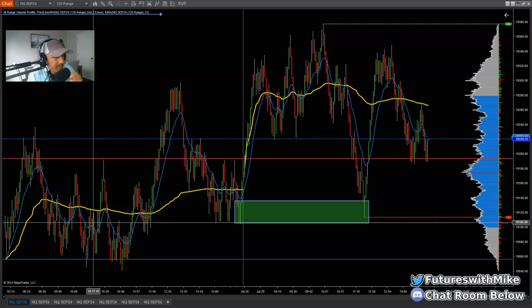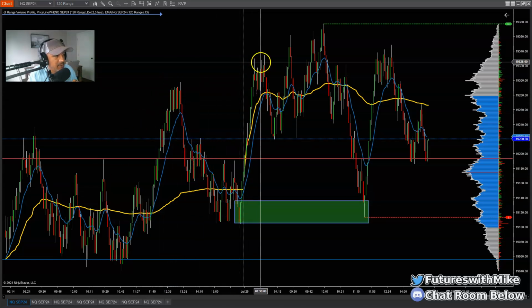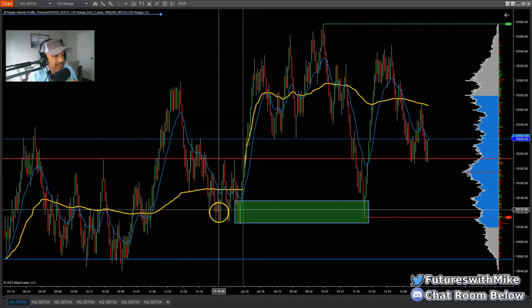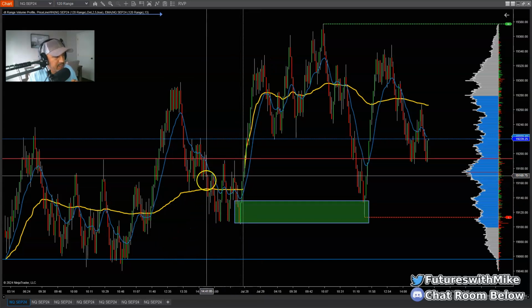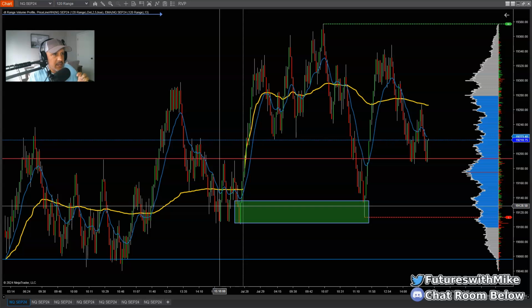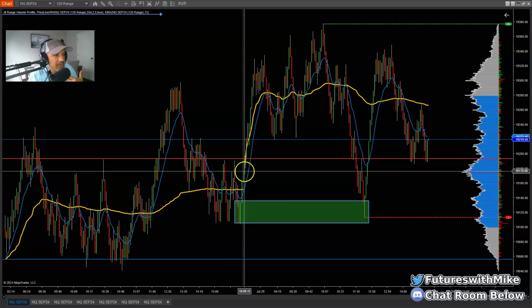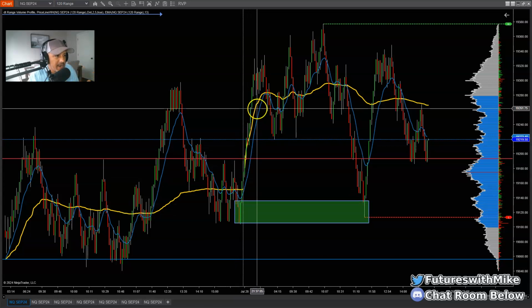And another thing that really piqued my interest was, if you see where it made its high, and then it made its pullback, and then it broke structure up here, look at the zigzagging that it did right here, kind of just zipping back and forth, push down, pull back, push down, pull back, back and forth. So this was buying momentum or buying power starting to stack up in the market to where buyers were really starting to show their hand that they were interested in pushing the market higher.